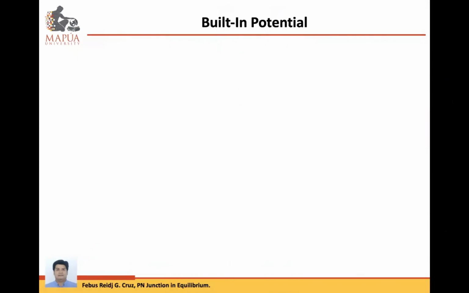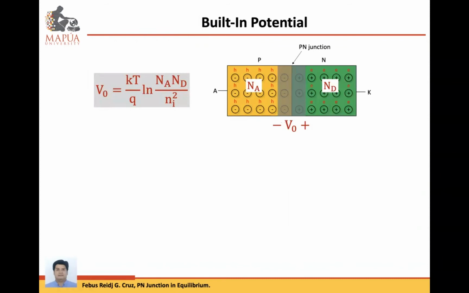Regarding the built-in potential, it can be calculated. You can estimate how much the built-in potential is in a PN junction. That depends on the acceptor concentration and on the donor concentration.